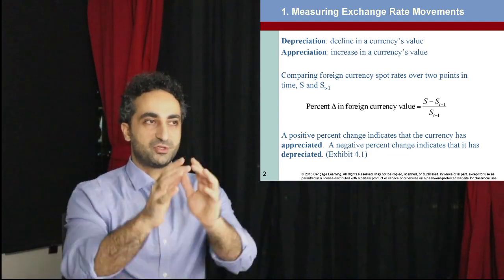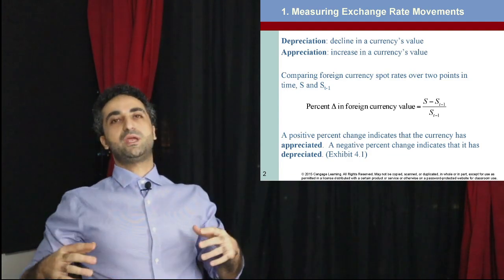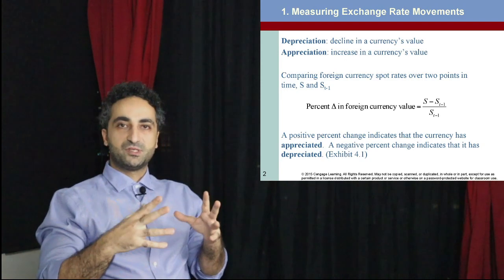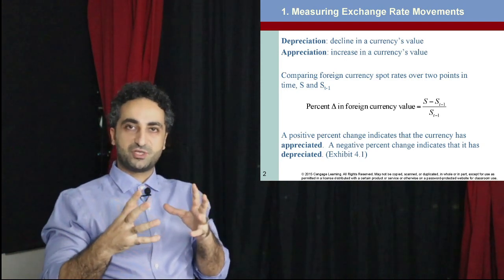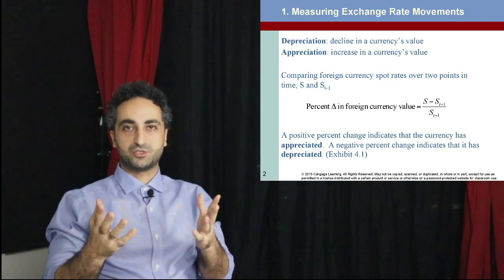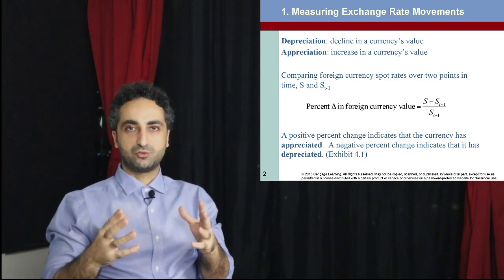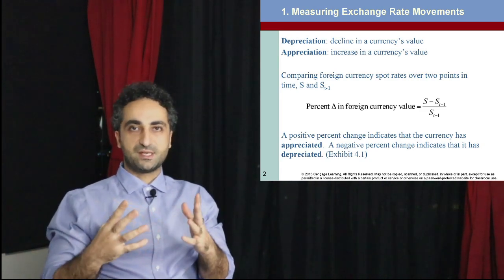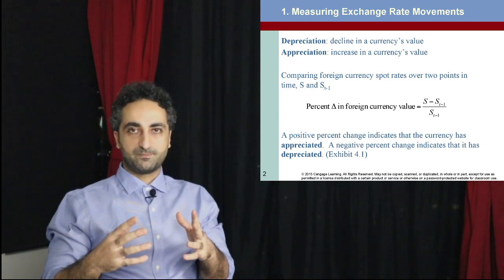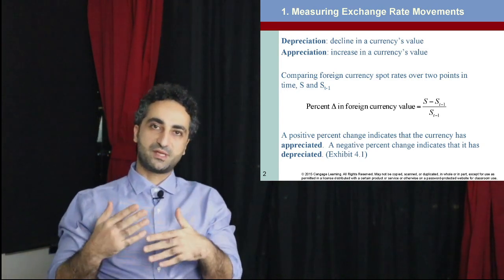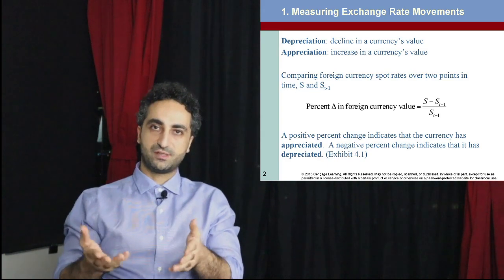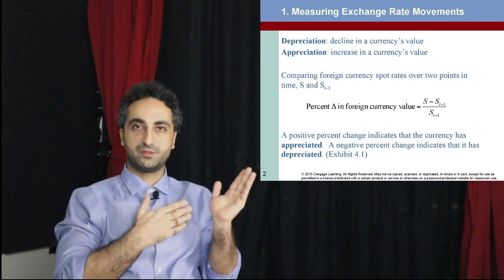In this part, we will focus on how much did it appreciate, how much did it depreciate, okay? So how do we measure that? Similar to any differential, to measure the change in anything, let's say temperature. Today's temperature is 32. Yesterday, let's say it was 30. So what is the percentage change in today's temperature compared with yesterday?